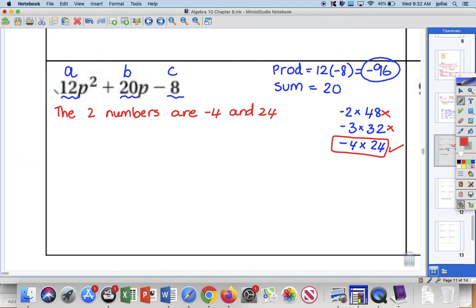So let's go over here. 12p squared, I'll do plus 24p minus 4p minus 8. As I told you, you can write it in any order. It will all end up being the same at the end, all right? So what did I do here? I rewrote the 20.